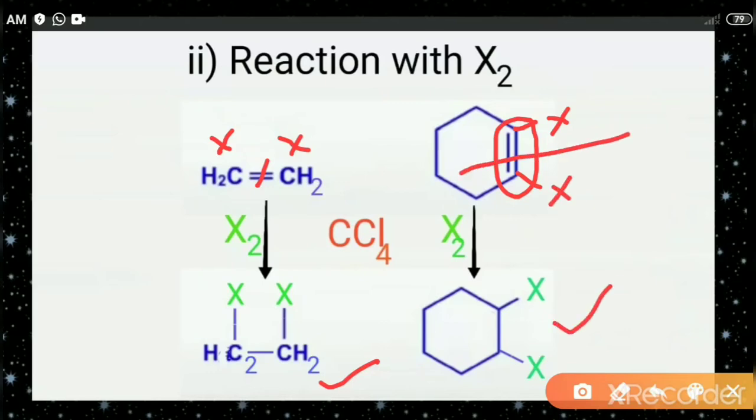So we get this product. In this also the two halo groups are attached on two adjacent carbon atoms. Therefore it is called a vicinal dihalide. It is one of the important tests for the detection of double bond in the laboratory, that is the reaction of alkene with bromine in the presence of CCl4.